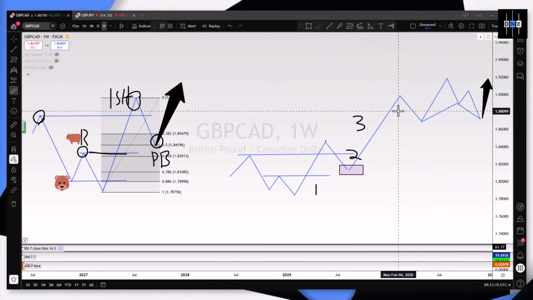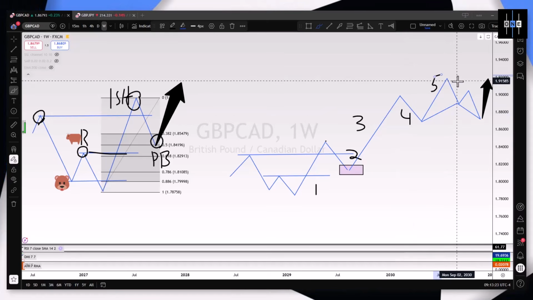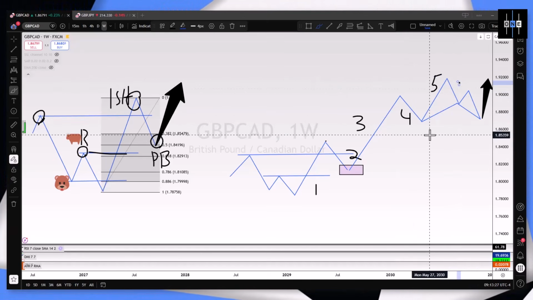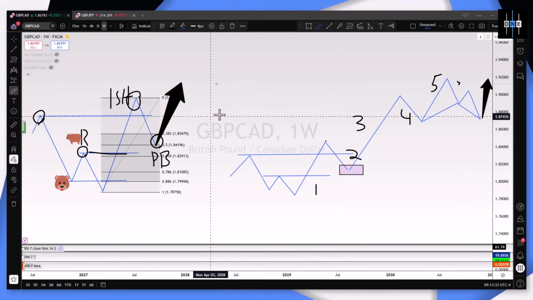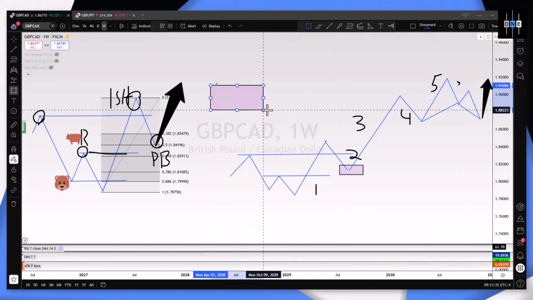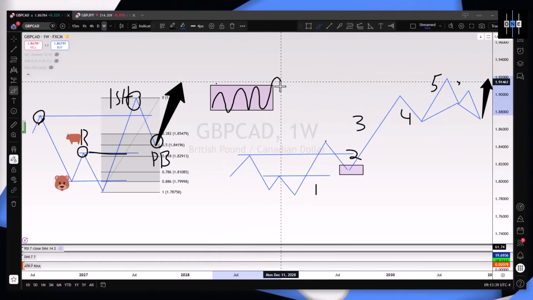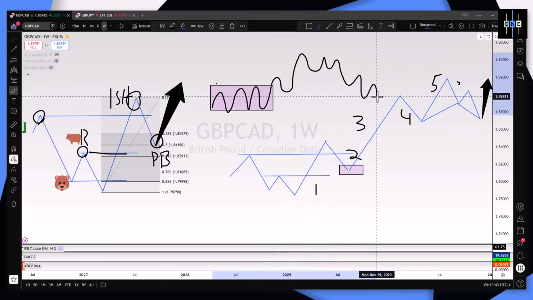And just to continue our labels, this is 4, this is 5, and that's your AB equals CD. So you can see how Elliott Waves in general, in general price movement, not even this, but the whole Dow Theory or Wyckoff cycle of consolidation, markup, distribution, markdown, right?